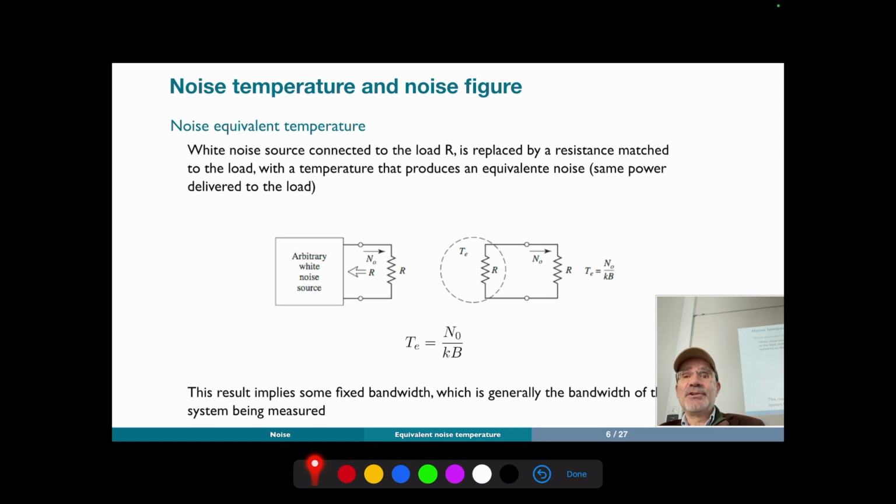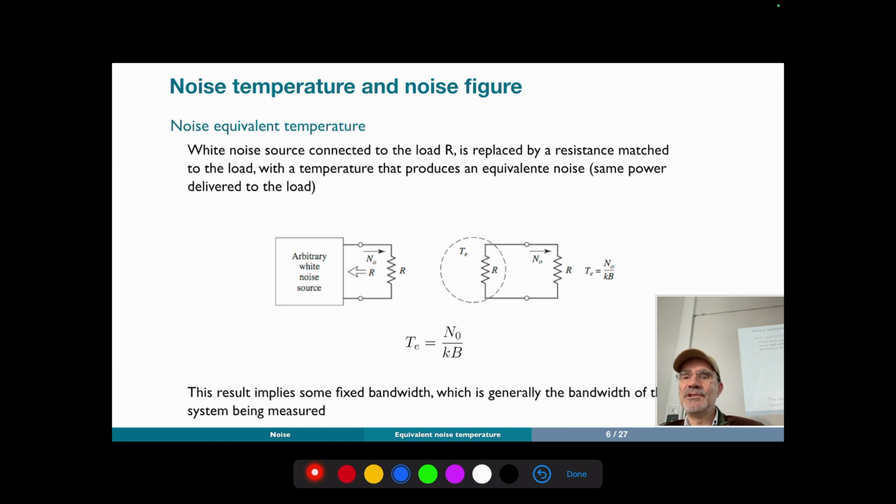To define the noise, there are two important parameters that are equivalent. These two parameters are the noise temperature and noise figure. To define these parameters, let's consider a white noise source, as we've seen now, connected to a certain load. So we have here a white noise source connected to the load, a resistor here. And this white noise source is replaced by a resistance, which is shown here from here to here.